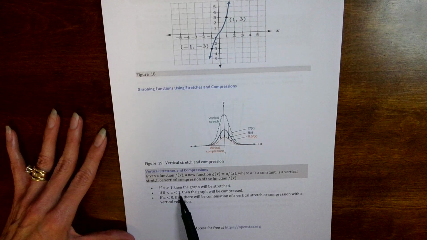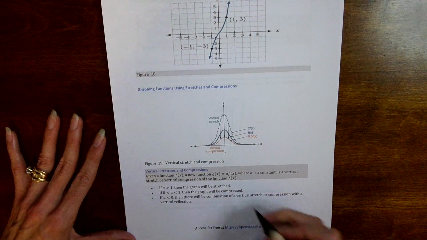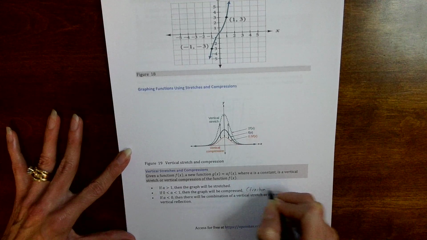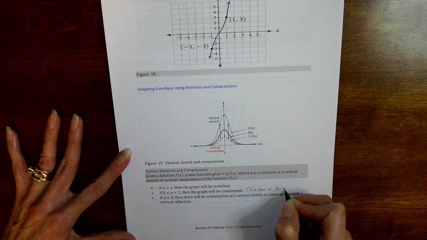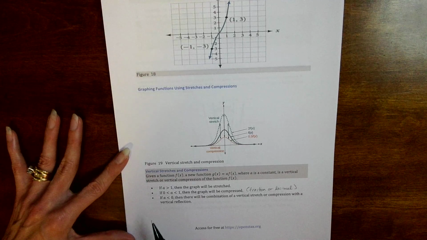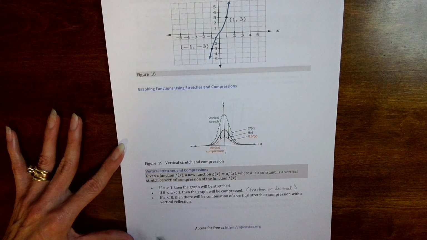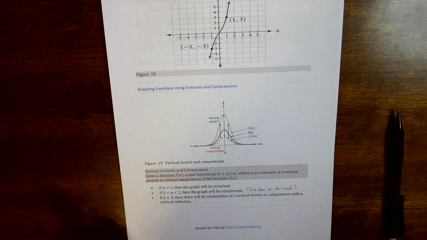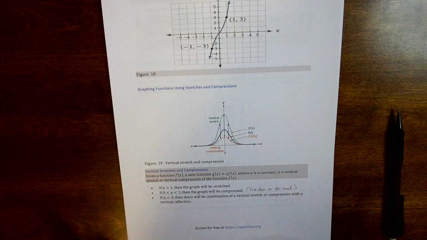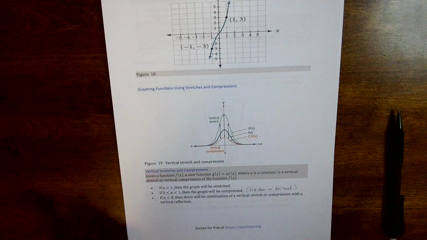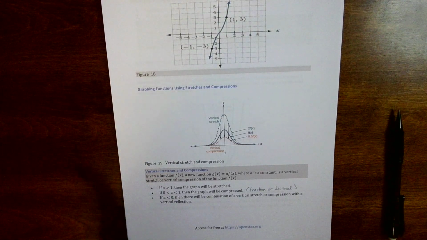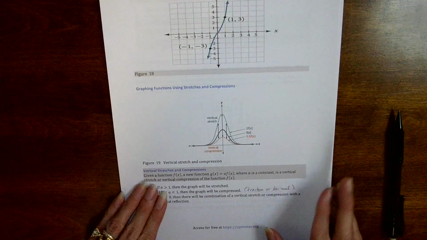If a is between 0 and 1, which is code for a fraction or decimal, you compress it. And if a is less than 0, if it's a negative number, the negative will actually reflect it, and then the absolute value of a will stretch or compress.